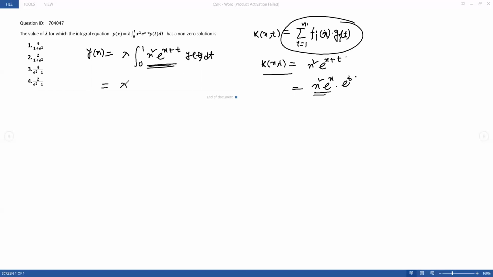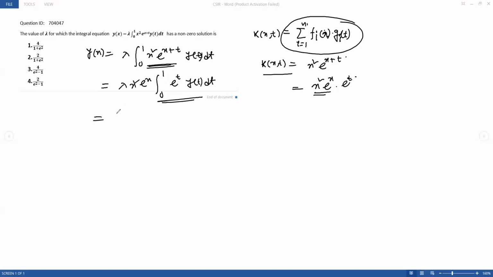we can write this, since the integration is with respect to t, so we can take x square e to the power x, the variable x part, outside of the integration. That is, integral 0 to 1 e to the power t y(t) dt. Let us put this as c, since this is a definite integral.